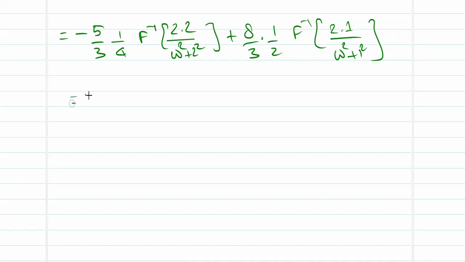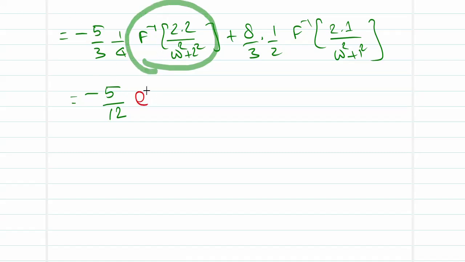So now I can replace this as minus 5 by 4 3s are 12, and this entire quantity can be replaced with that of e power minus alpha into modulus of tau. What is going to be alpha for me? In the first factor, alpha is 2. So I have this equal to minus 5 by 12 e power minus 2 into modulus of tau.